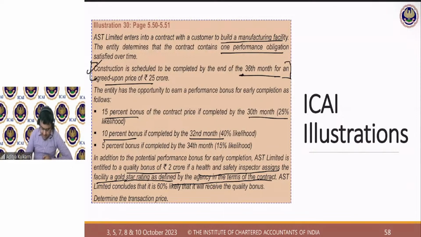Now the entity has the opportunity to earn a performance bonus for early completion as follows. 15% of the contracted price. That means 25 into 15%, 3.75. What is the probability of this?